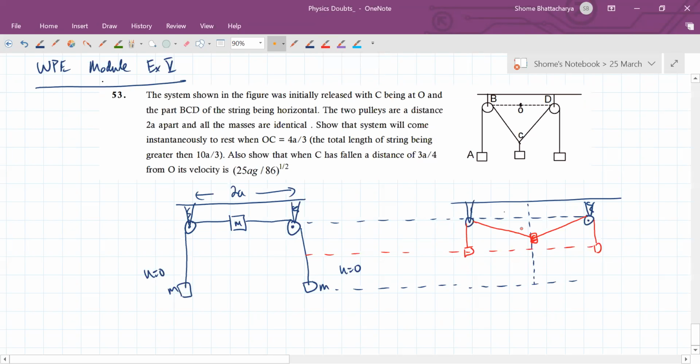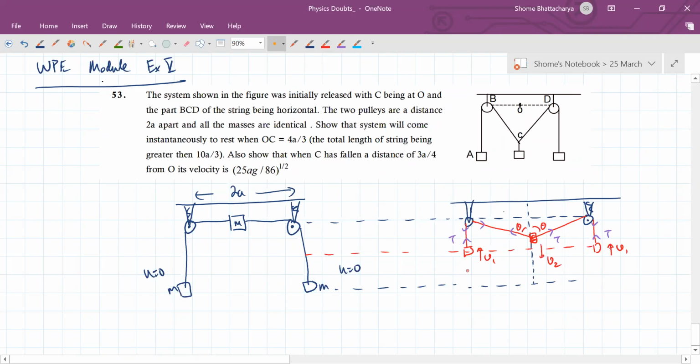So now if these angles are theta, so let's say these two are going up with some speed v1 each, and this one is coming down with a speed v2.